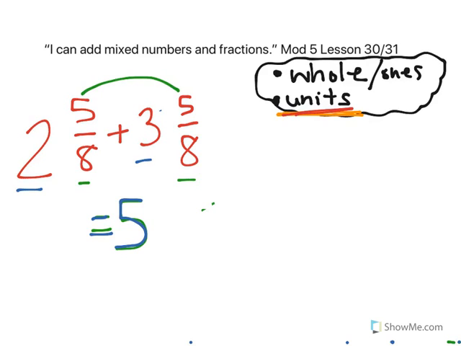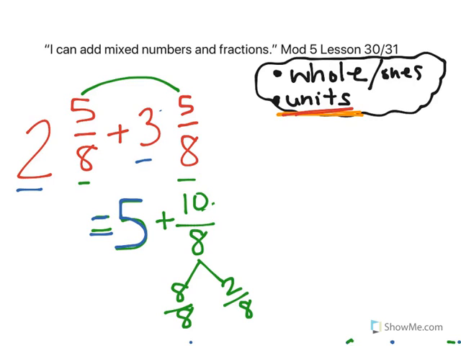5/8 plus 5/8. Well, 5 plus 5 is 10. So 5 plus 10/8. Well, let's take a look at this fraction. It's improper, so we need to pull out the whole. So what lives inside of this? The whole, which would be 8/8. And how many pieces would be left over? 2/8.